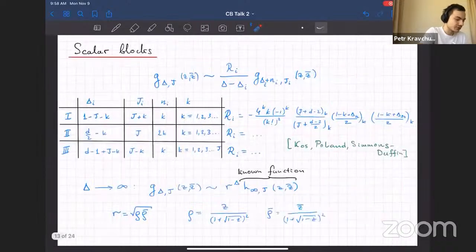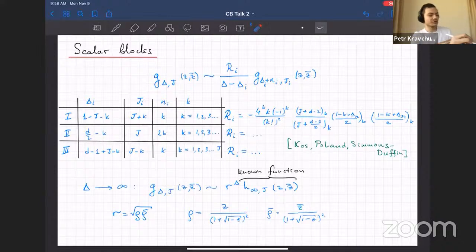In the case of scalar blocks, people have done this in this paper. And what they've done actually is they did not go through this procedure that I described. What they did is they computed the conformal blocks order by order in some series expansion using the Casimir equation, and then just looked at these expansions and guessed.